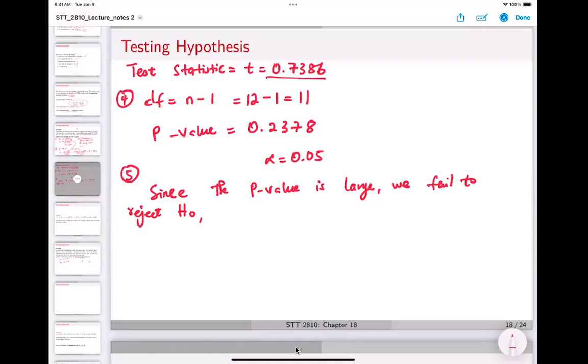If the p-value is large and then we fail to reject the null hypothesis, what should be our English conclusion? Should it be that there is sufficient evidence or there is insufficient evidence? Yes. So if the p-value is large and we fail to reject H naught, it just means that what? There is insufficient evidence or there is not enough evidence. Is that okay?